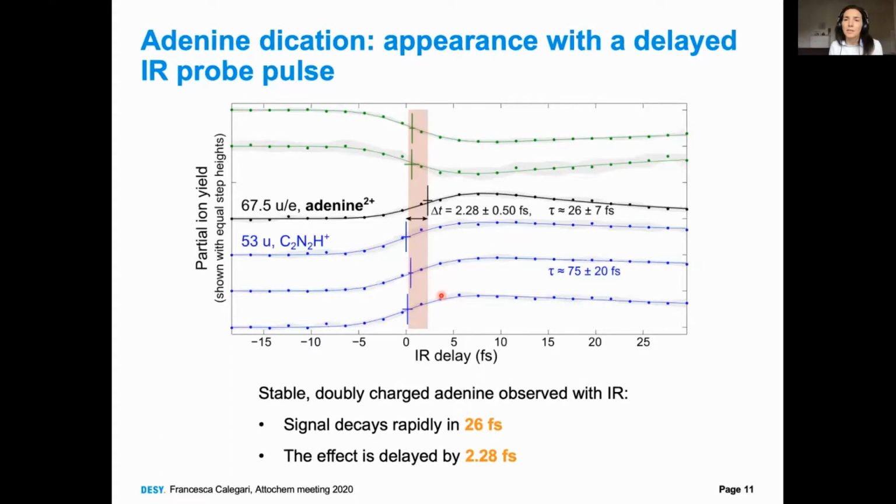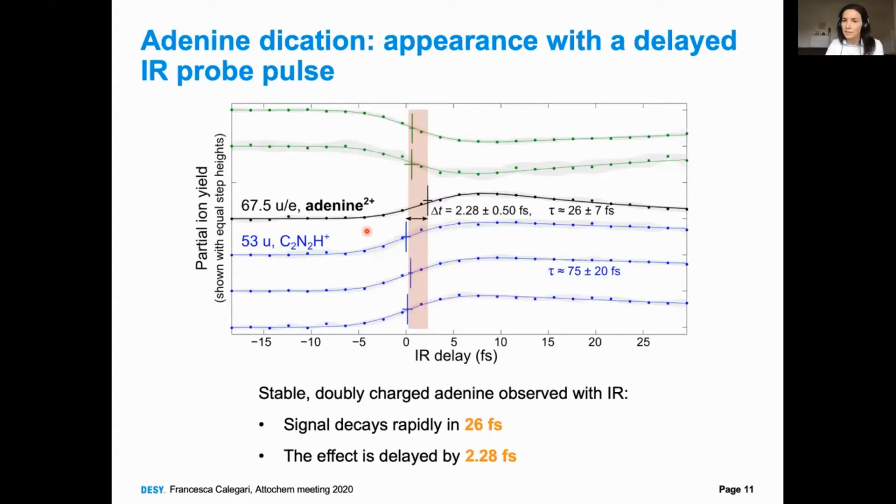But something that we have observed very nicely is that by sending the IR probe pulse, we also observe the presence of the adenine dication. So this is the intact molecule. It is not present in the case of XUV-only ionization, and it shows up only when we send the IR probe pulse.